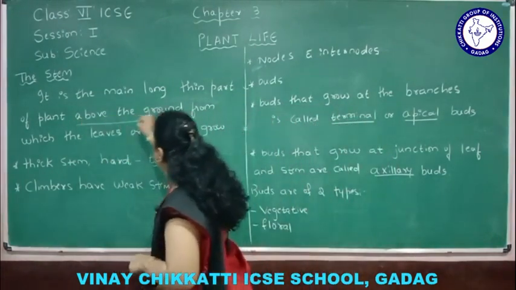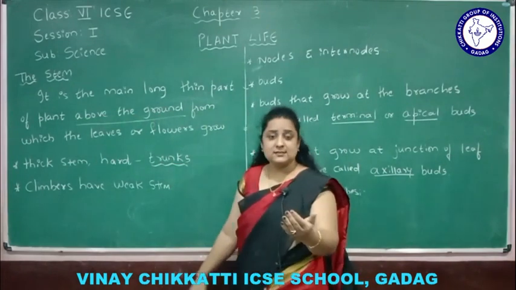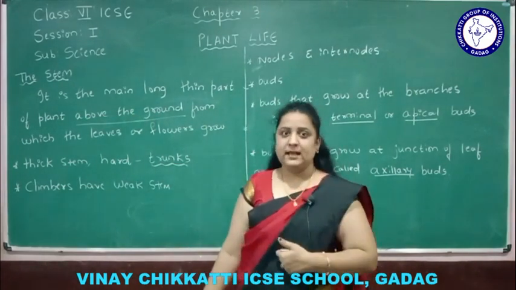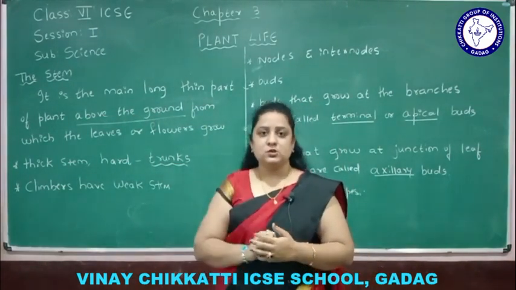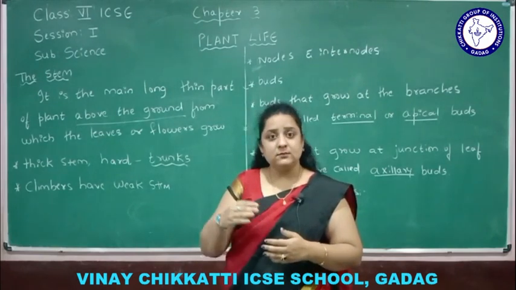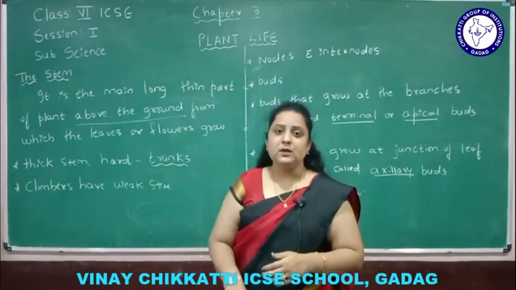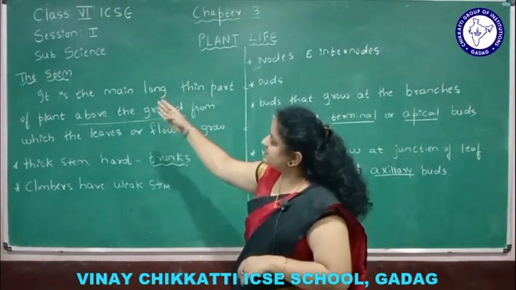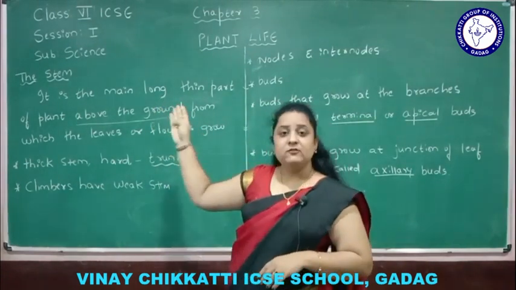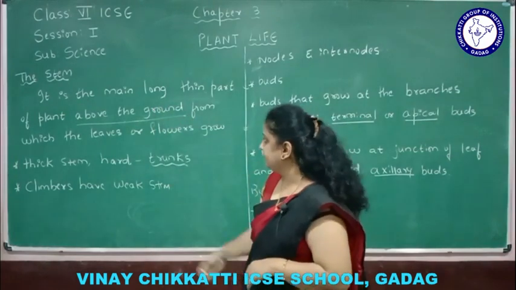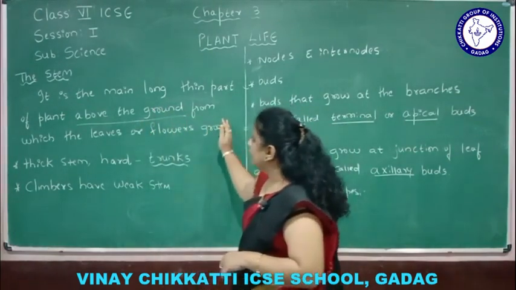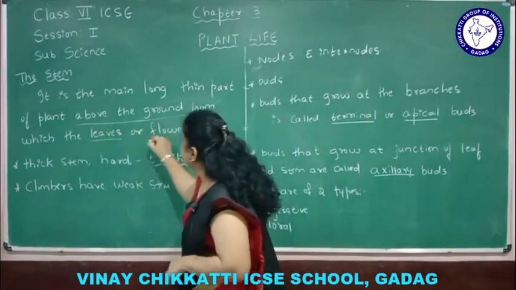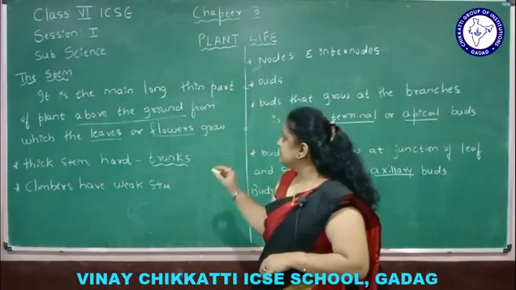We have already discussed there are two systems in the plant, root system and shoot system. Root system is present below the ground, but stem is present above the ground. So this is one of the parts of which system? Shoot system.